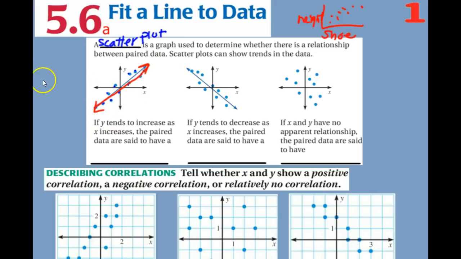Another word for correlation is slope. So what type of slope or what type of correlation do they have here? Well, remember, we read slope from left to right. We would be walking uphill, so this is a positive correlation.